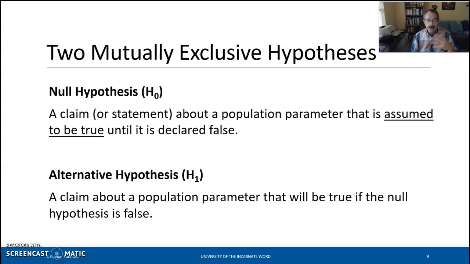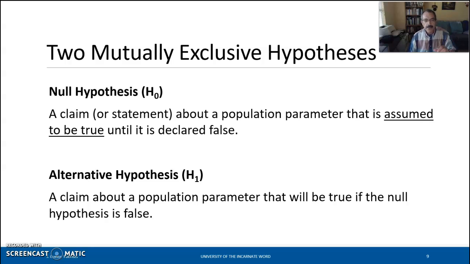If we don't say anything, and someone proposes that value, we'll assume that that is the truth. However, it's likely that someone would like to contest that truth and proposes an alternative hypothesis, which is also a claim about the population parameter that will be true if the null hypothesis is declared false.